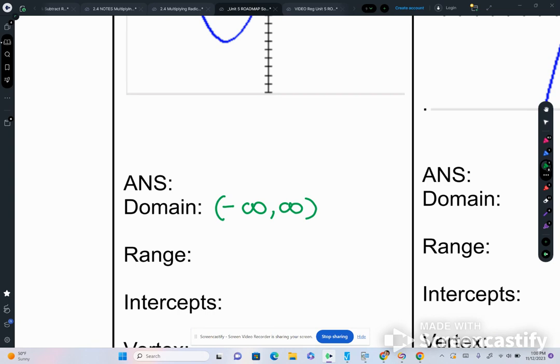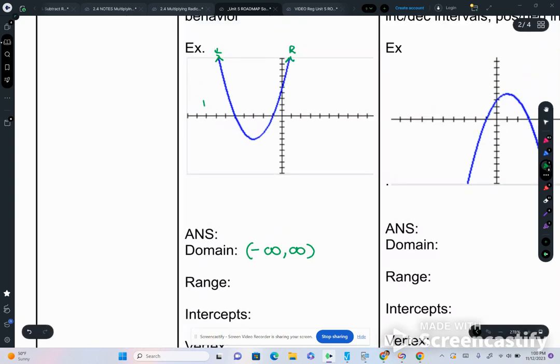The only other time that it's not negative infinity to infinity is if you have something like a square root function where it's bounded, which means it has a starting point, or a function that's got endpoints. Your range then is where your y's start. As you're looking at your graph, notice that my graph is basically around here and up.